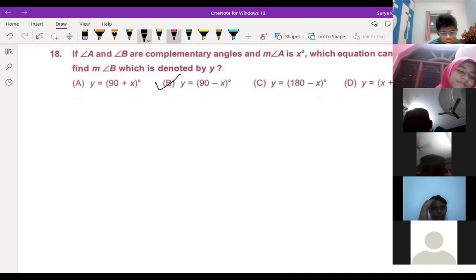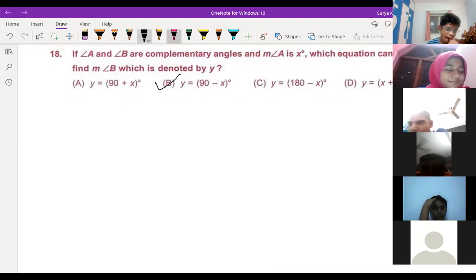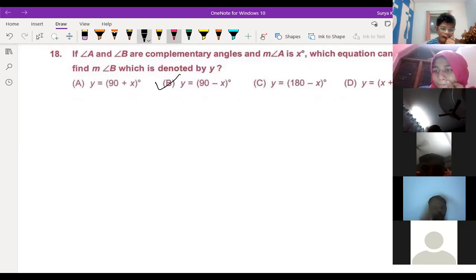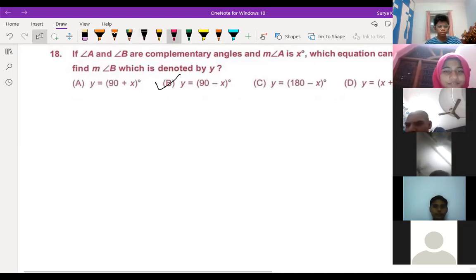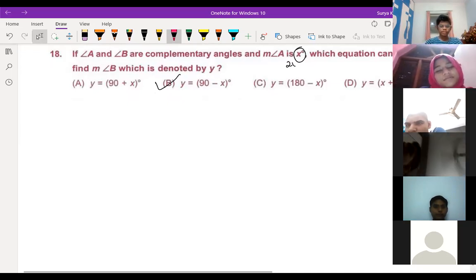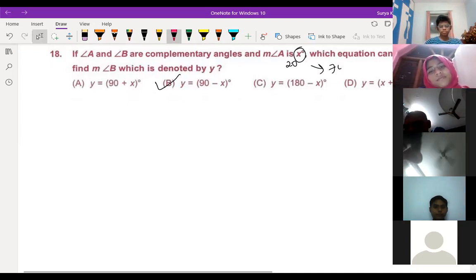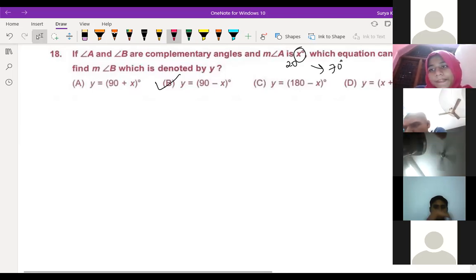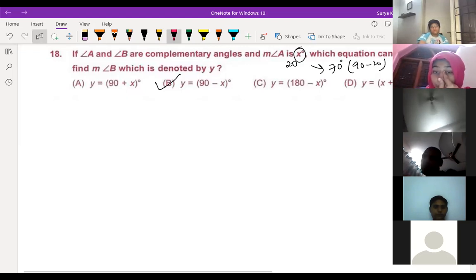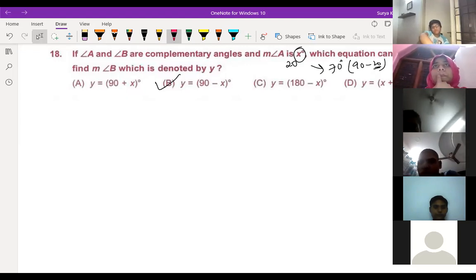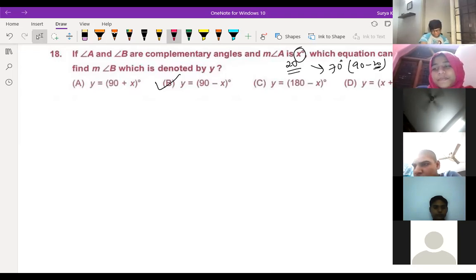If both are complementary, their sum should be equal to what? 90. If angle A is anything, suppose 20 degrees, the other angle will be 70 degrees, correct, to become complementary. So 90 minus 20 is 70. In place of x there is 20, so do 90 minus x and it's done. Understood?